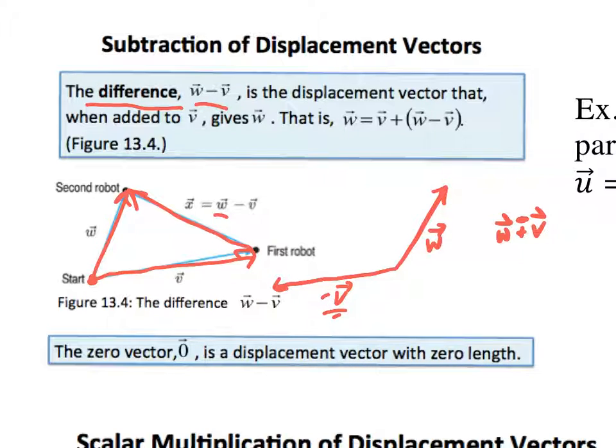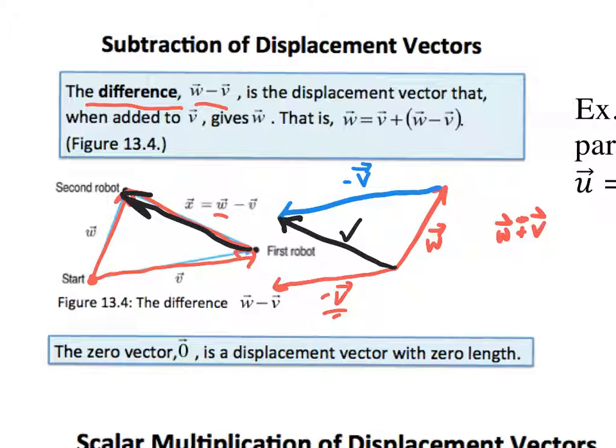So what I got to do is go tip to tail. So I can take this one now, and I'm going to move this one up to here. So here is my negative V. And so now if I do my resultant vector, that's going to be this one right here. Now if you notice this one right here, that should be equivalent to this vector right here, which it is.